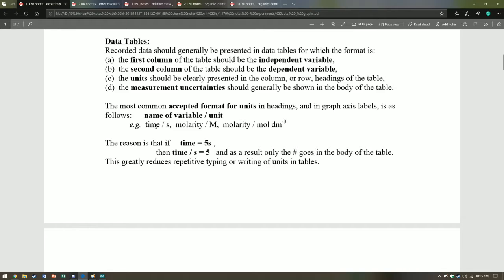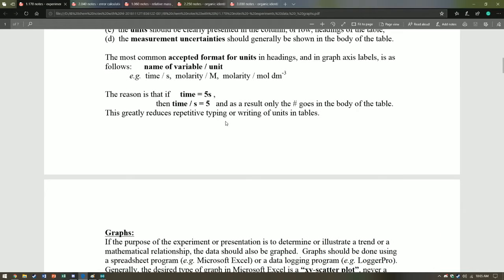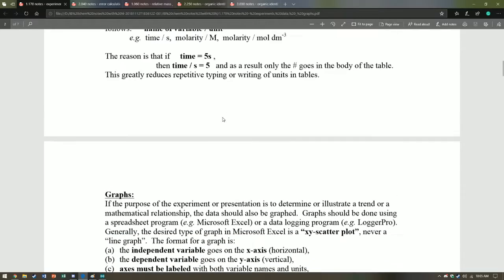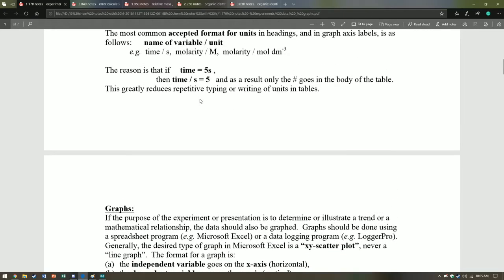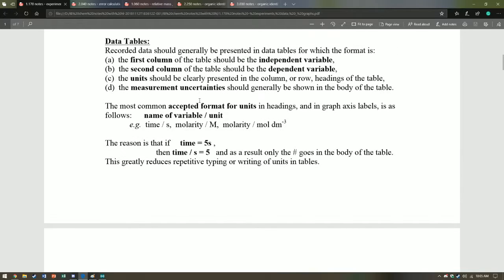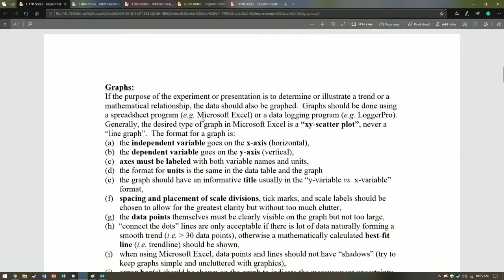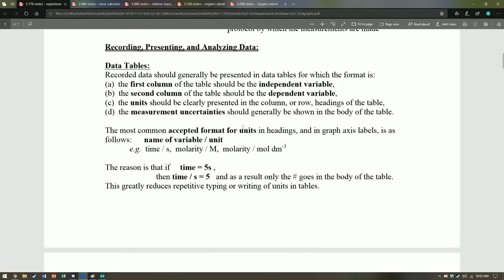For example, time / s, or molarity / M, or if you want to use the proper SI units. The reason we do it this way is that it reduces repetitive typing. That's how you present your data in data tables.